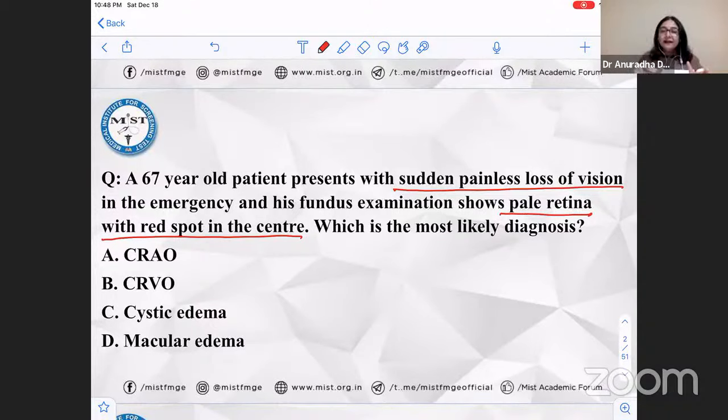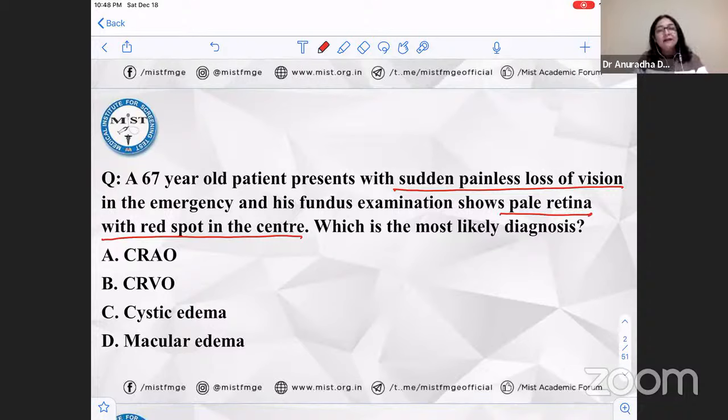The rest of the retina is pale and ischemic, but the center of the macula, that is the fovea, retains some amount of blood supply because it is getting it from the choroidal vessels also. So that is why it appears red in color. These are the key points in this clinical case scenario: sudden painless loss of vision and the fundus findings of pale retina with red spot in the center. Now we have something in our mind, and let's see what were the choices given to us.